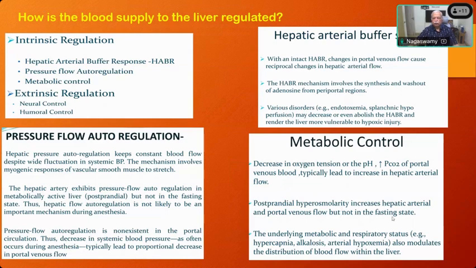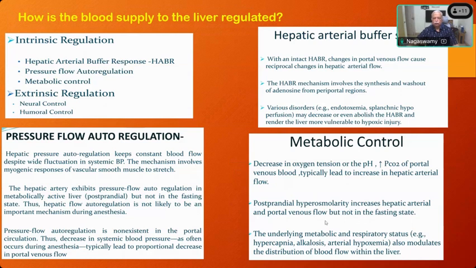So what is the importance of this particular point, where postprandial hyperosmolarity increases both hepatic and portal flow, but in fasting state this cannot happen? What is important? So these patients should not be fasted for too long. Patients with already a decompensated state, when they are waiting for surgery, should not be fasted for too long.